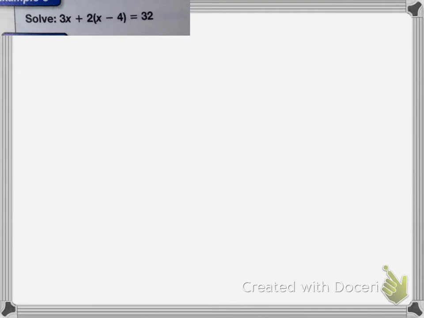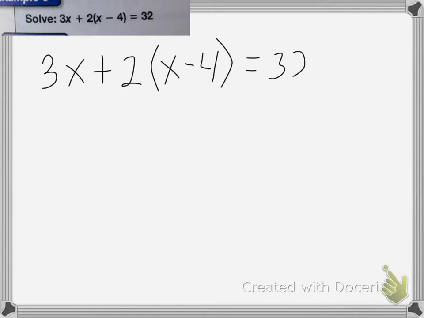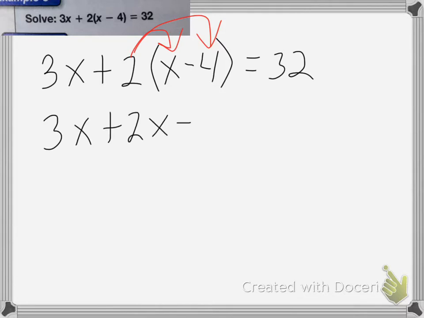Now this one, we're first going to apply the distributive property to get rid of the parentheses. So distribute the 2 across. I end up with 3x plus 2x minus 8 equals 32.